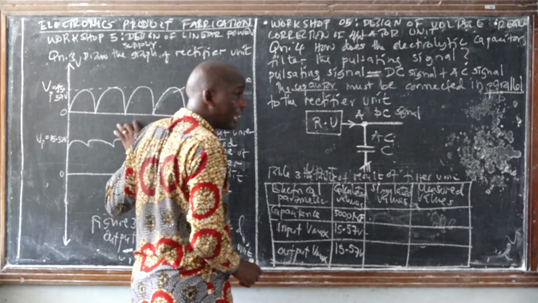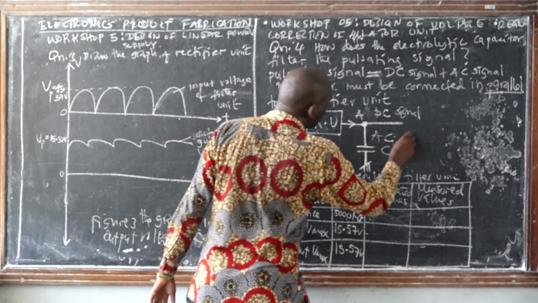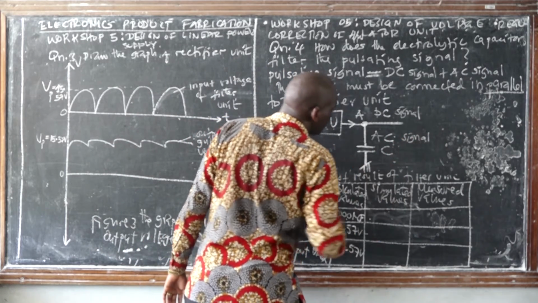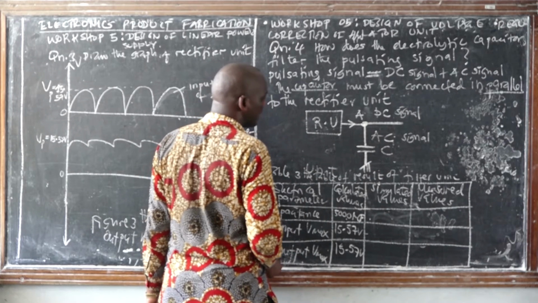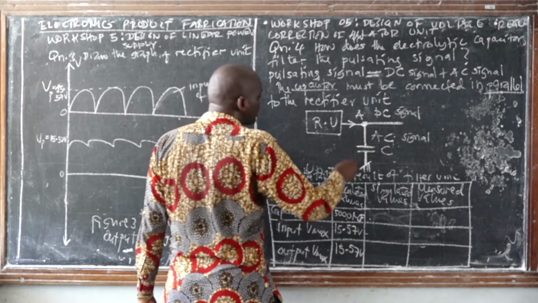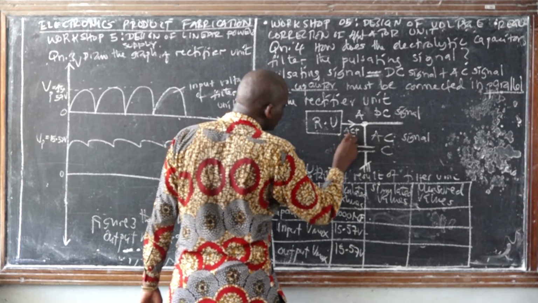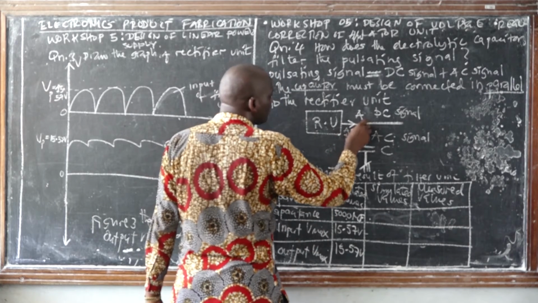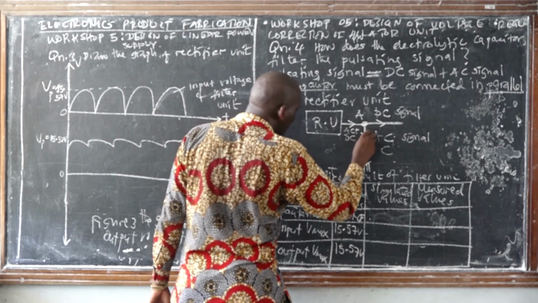So here we have an AC signal, so you have AC signal and DC signal. The question that comes to mind is, how come at this point we have AC plus DC, so that we have DC on these routes and AC on this route?